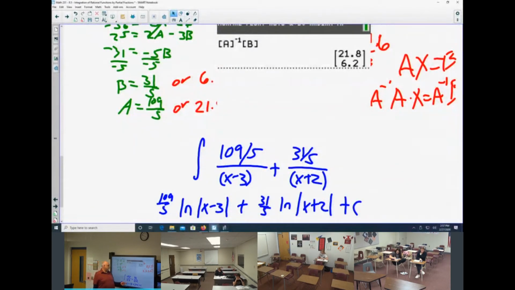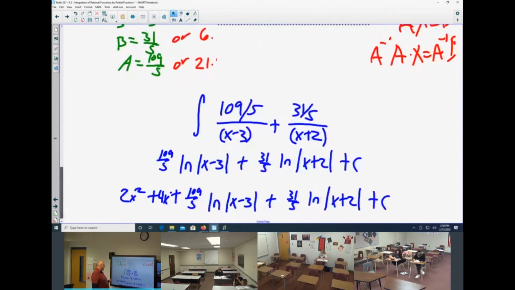My B is 6.2 or 31 fifths. So when you put that up on top, then it's just the coefficient of the natural log. So your final answer is 109 fifths times the natural log of the absolute value of x minus 3 plus 31 fifths natural log of the absolute value of x plus 2 plus c.